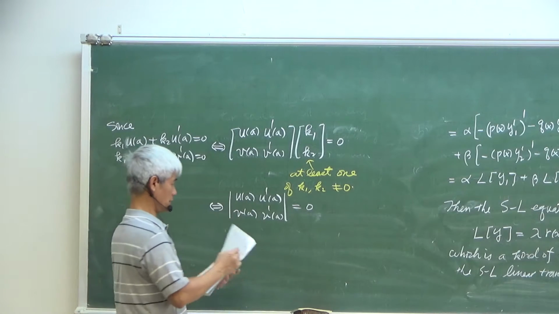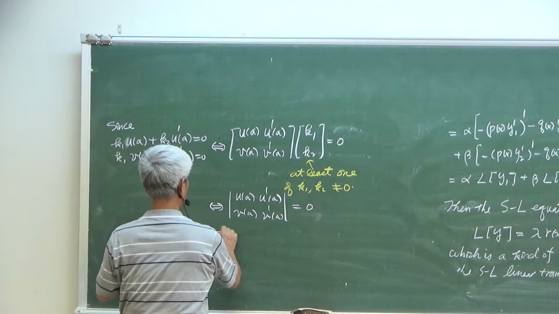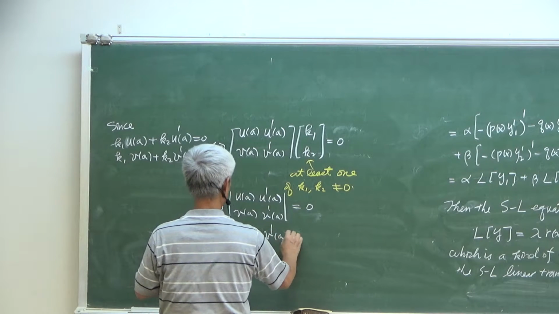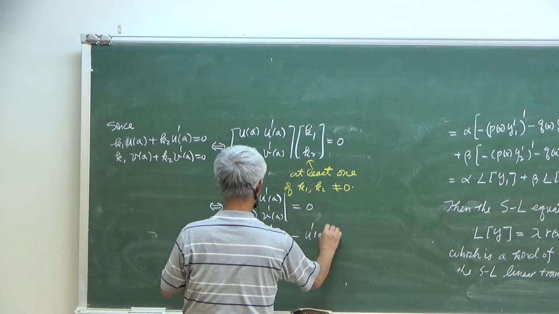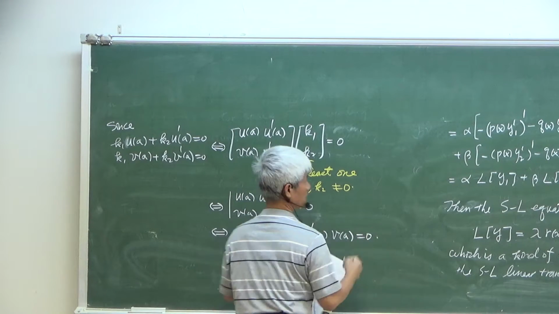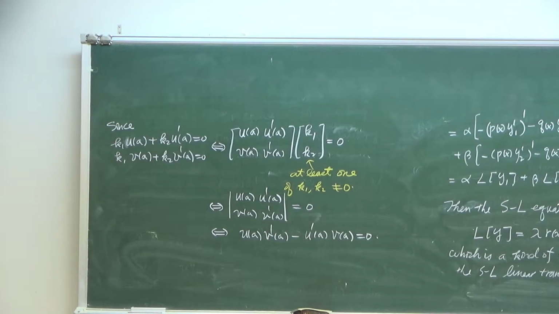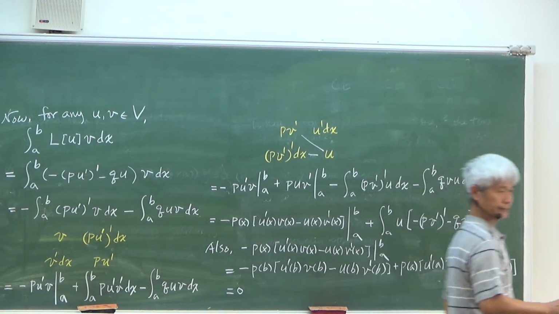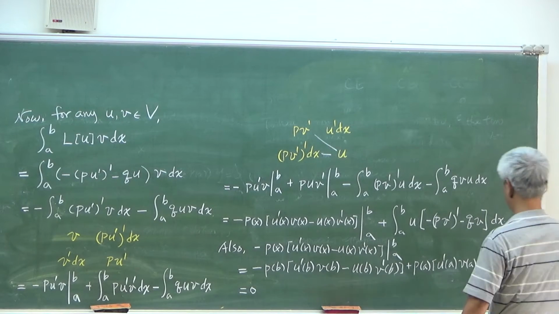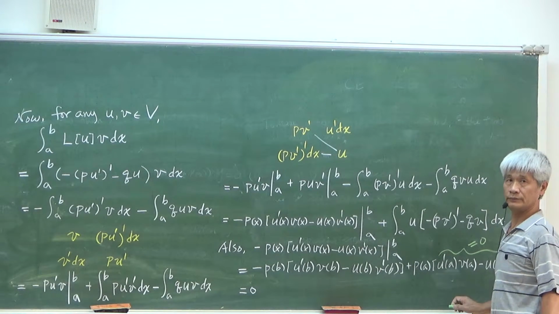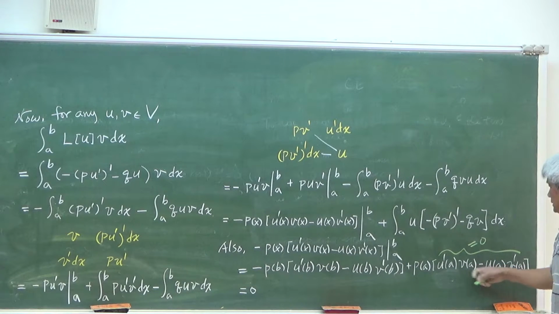So the determinant is 0, and this means that U A V prime A minus U prime A V A equals 0. So we prove this difference is 0.